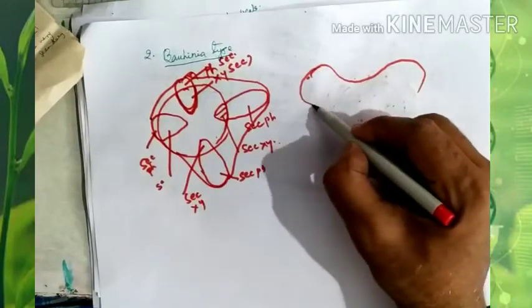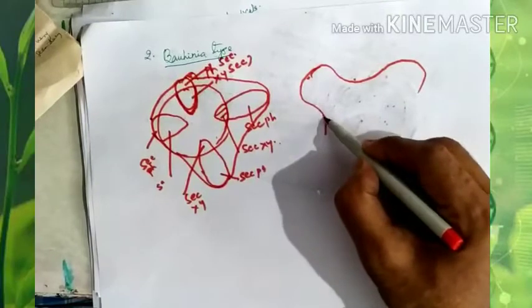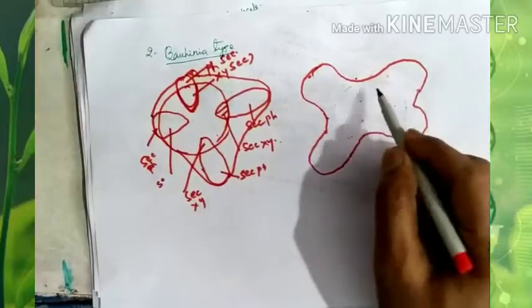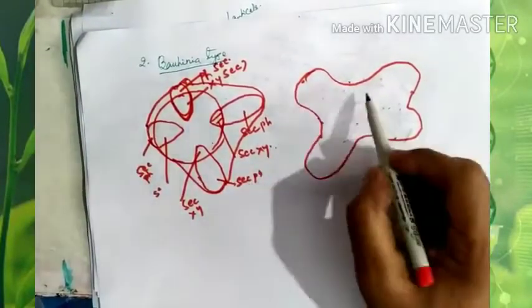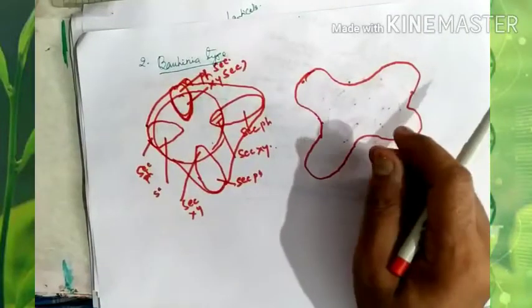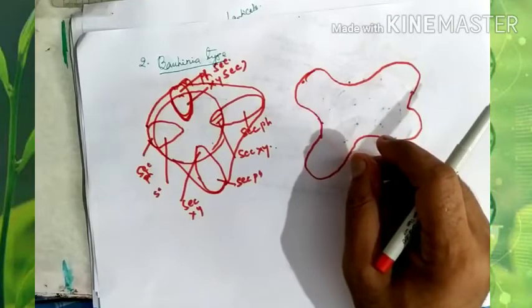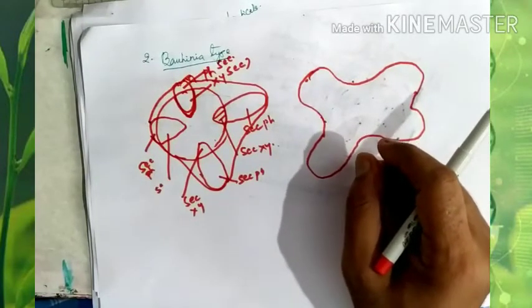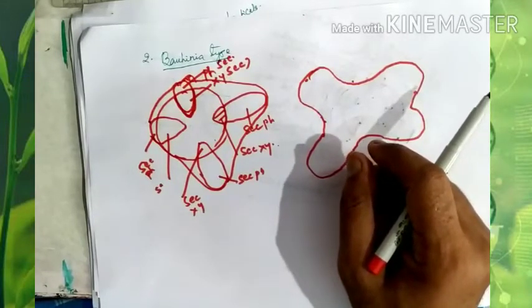Here are the ridges, and these are the furrows. This is the furrow, this is the ridge, and this is the furrow. So due to abnormal activity, ridges and furrows are produced. The secondary vascular bundles appear in the form of ridges and grooves. This gives the stem a ridged appearance.